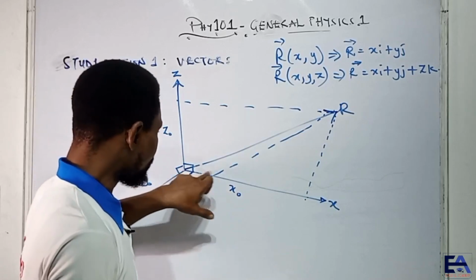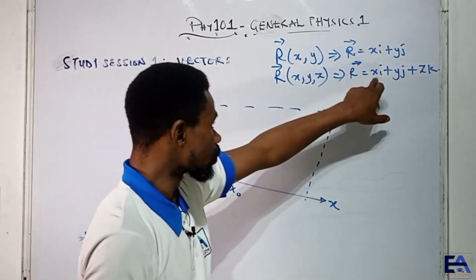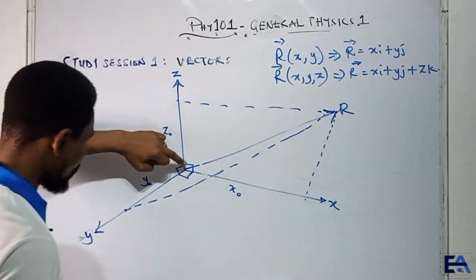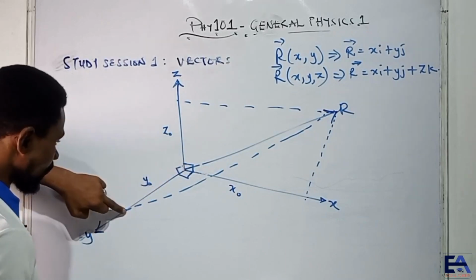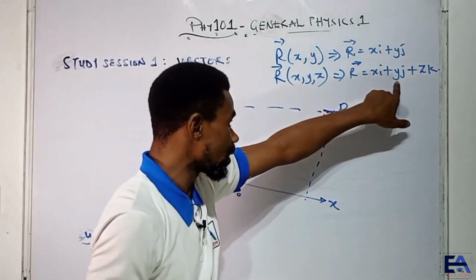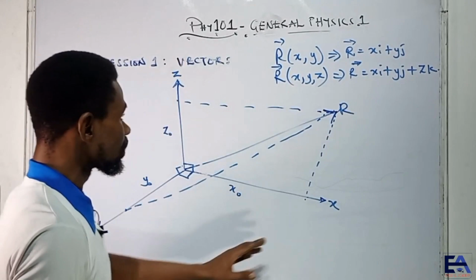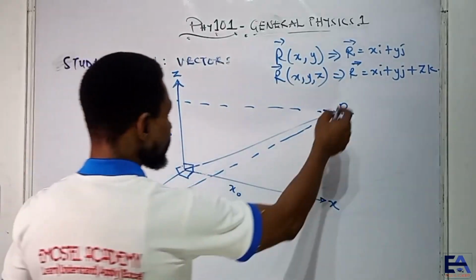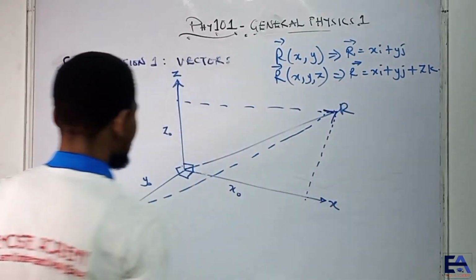How many units we count across the x-axis is what we put here. The y-axis too: how many units we count across the y-axis from the origin to where it stopped is what we put here. And how many units across the z-axis is what we put here, for the unit vectors on each axis, respectively i, j, and k.